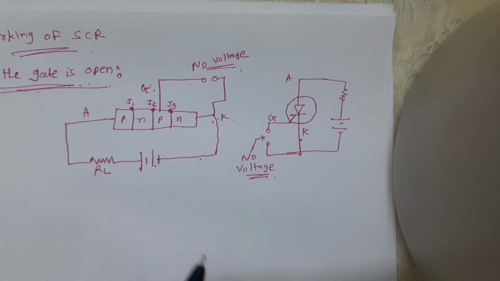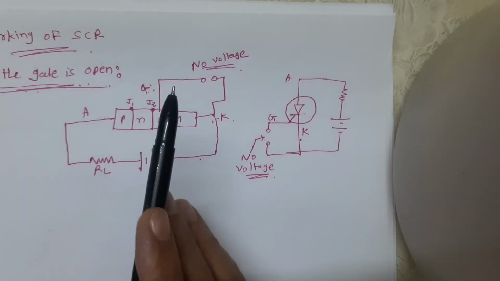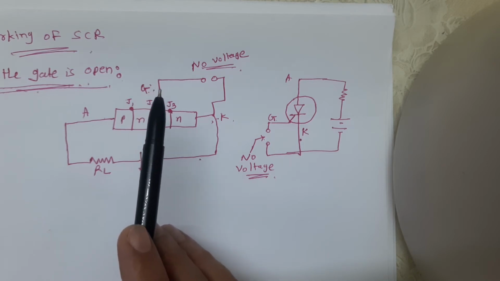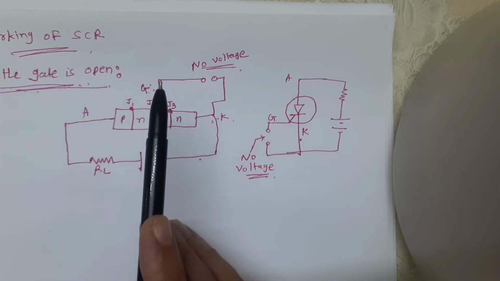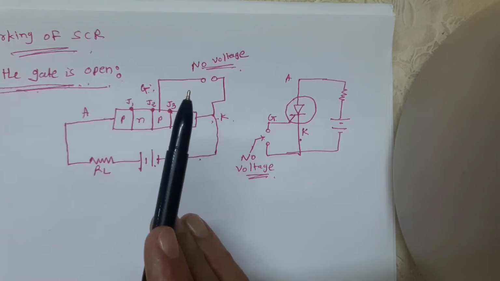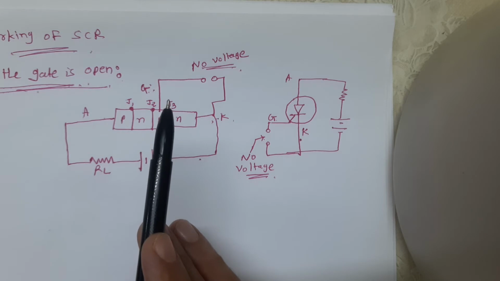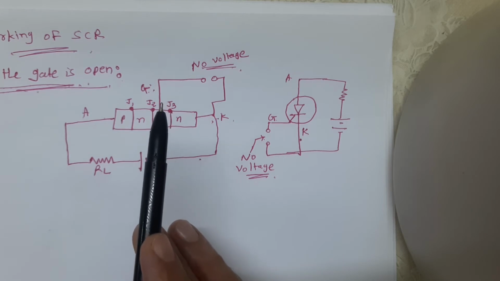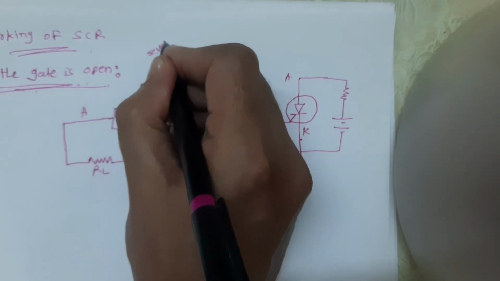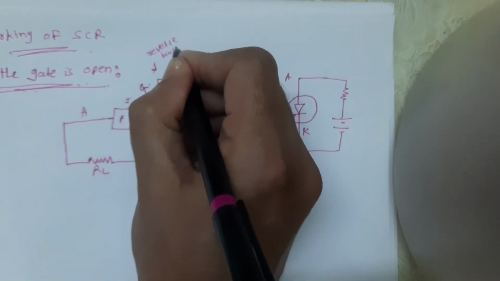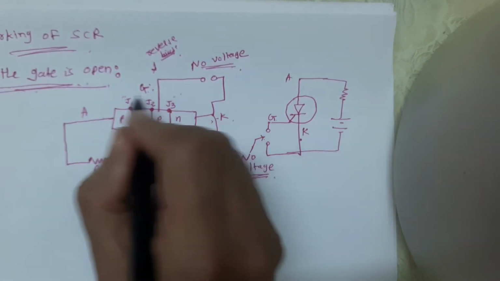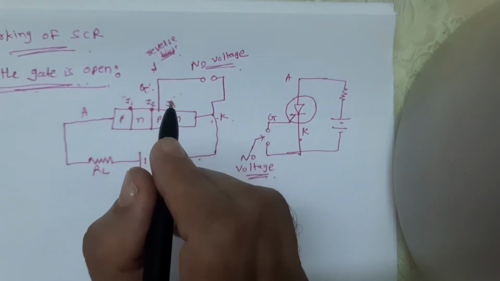This figure shows the SCR circuit with the gate open, that means no voltage applied to the gate. Under this condition, junction J2 is reverse biased while junctions J1 and J3 are forward biased.